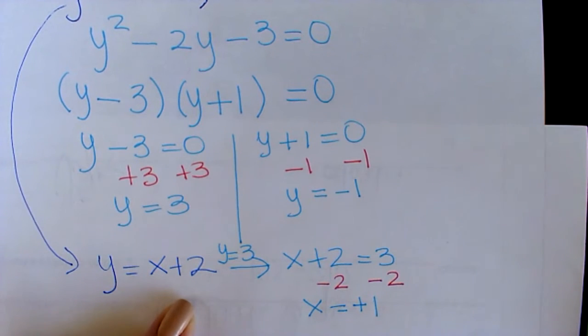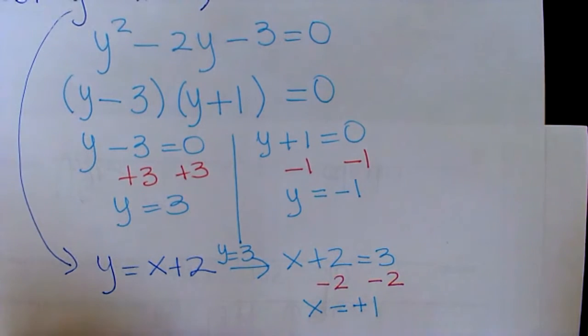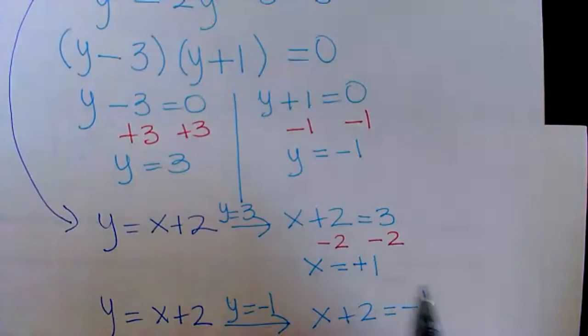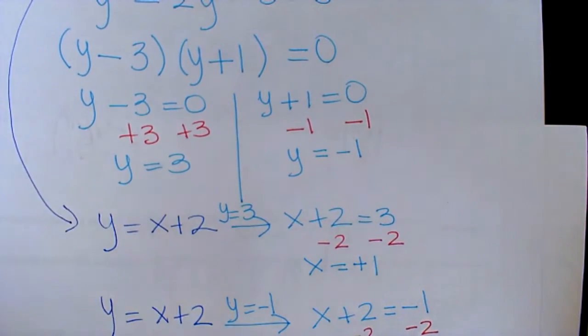And now we have x plus 2 equals negative 1. So we're going to subtract 2 on both sides, and I get x equals negative 3.